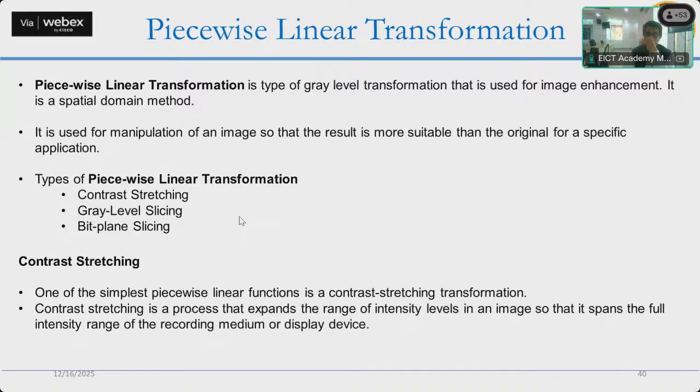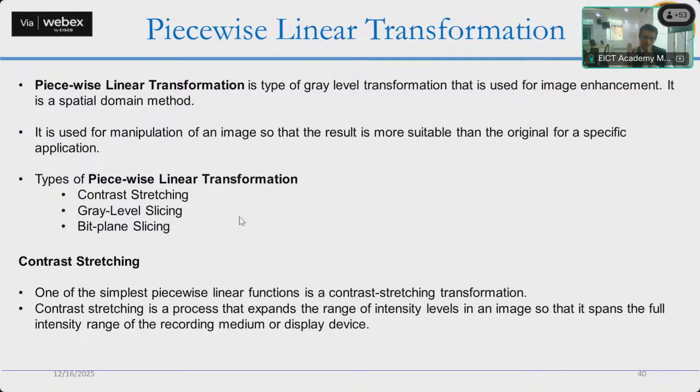So in contrast stretching, here it is the contrast stretching transformation. Contrast stretching is a process. From the name itself, it reflects that it expands the range of intensity levels. Slicing, we will discuss in the last. For the time being, you can understand slice. For example, yesterday we discussed the values between r1 to r2, right?